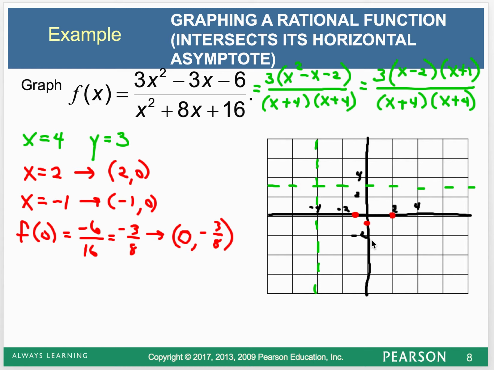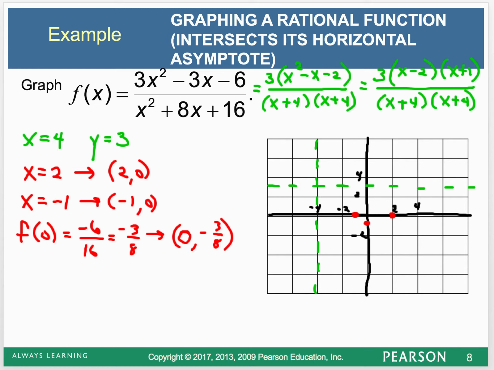That looks a little strange, so I'm going to double check my math. So we're good with the factoring. So x is 2 and negative 1. And then, negative 4.